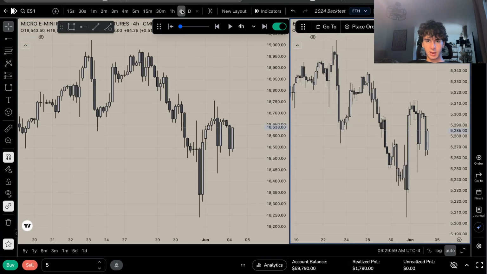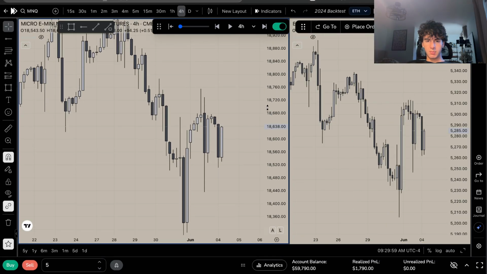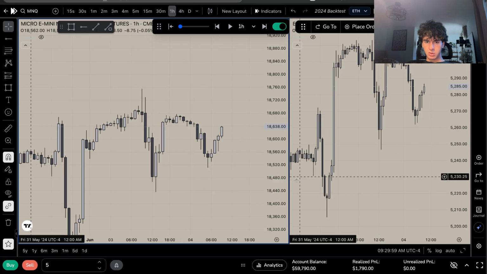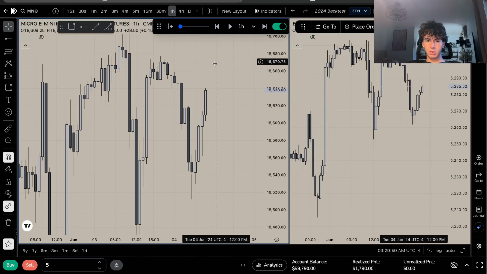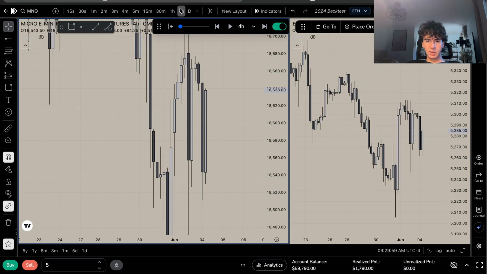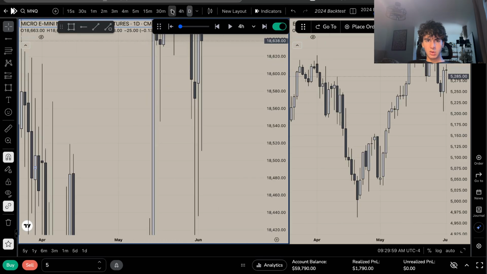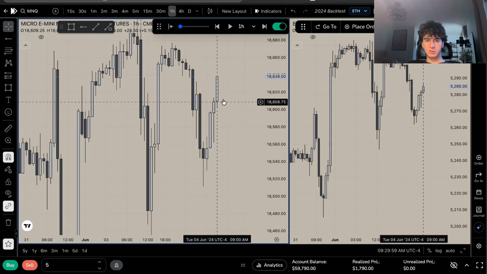Looking at the high time frame here, I would say that we're bearish, but I would say that we're short-term bullish, because we got a pretty nice tap of this 4-hour rejection block, which is also a daily rejection block, and then we displace higher and inverse this.